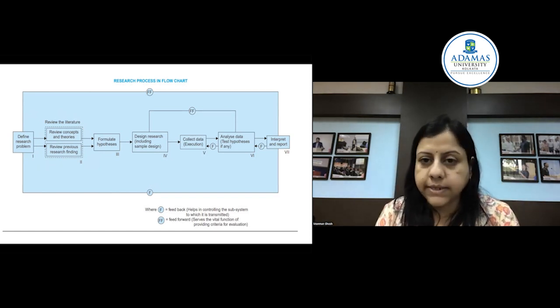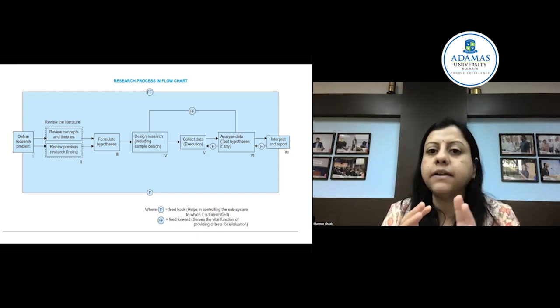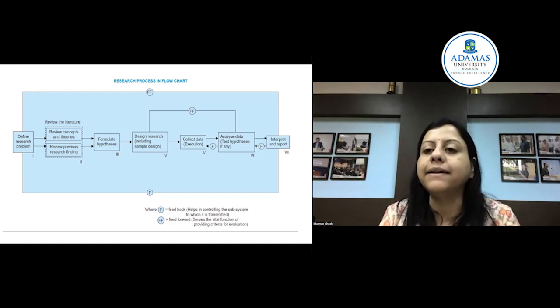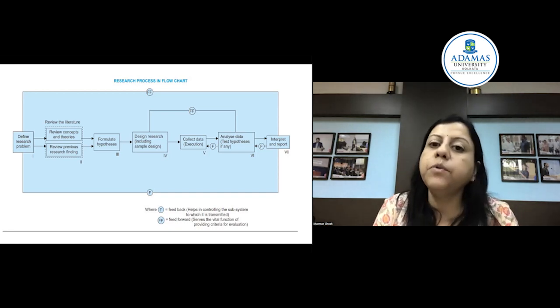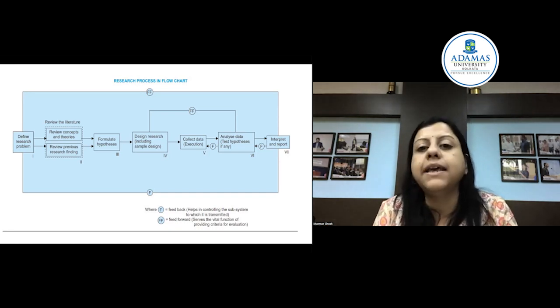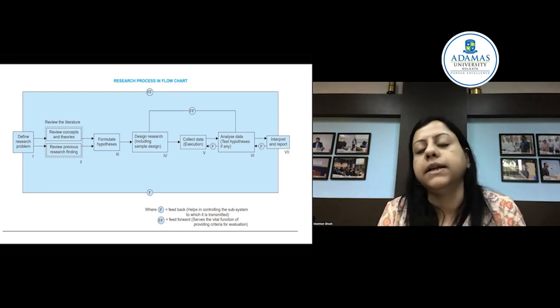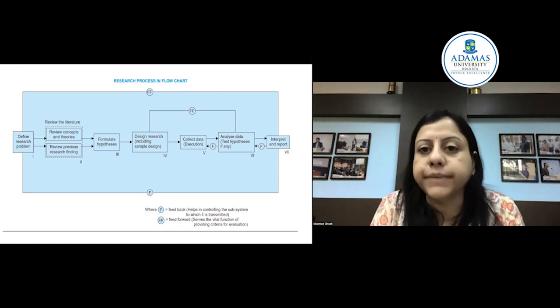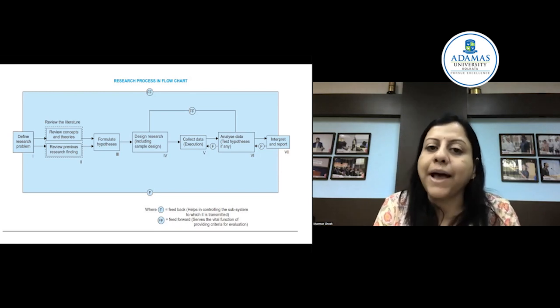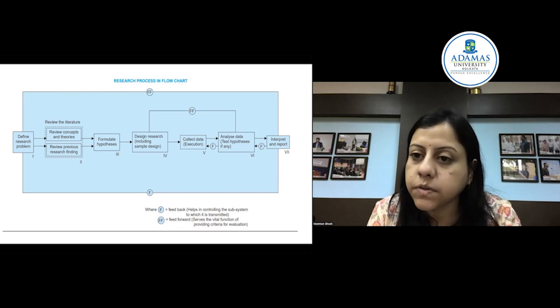Now here you have to understand, you do not create a theoretical framework. Theoretical frameworks already exist. What you create as a researcher is a conceptual framework. What does conceptual framework mean? It means that you find some relevant theory through your literature search.